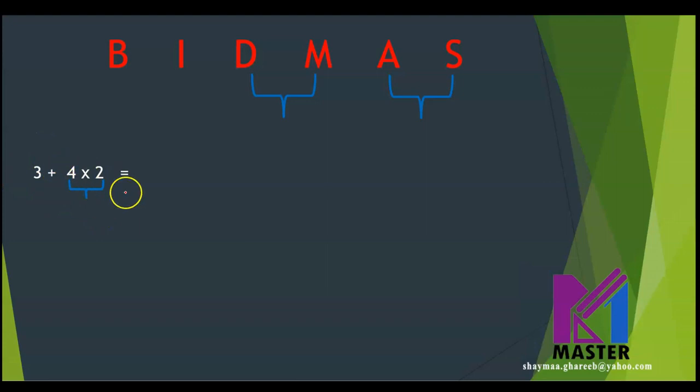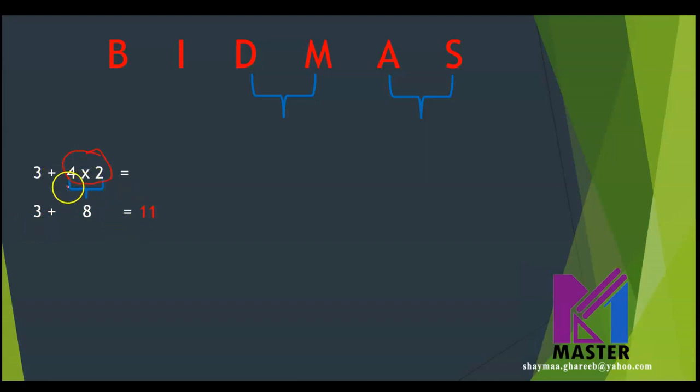So I will solve the multiplication first, but I will keep the answer in the same position, which means the 3 will stay as the first number in the sentence, then the addition sign, then instead of the 4 times 2, I will write the answer, which is 8. So 3 plus 8, answer is 11.